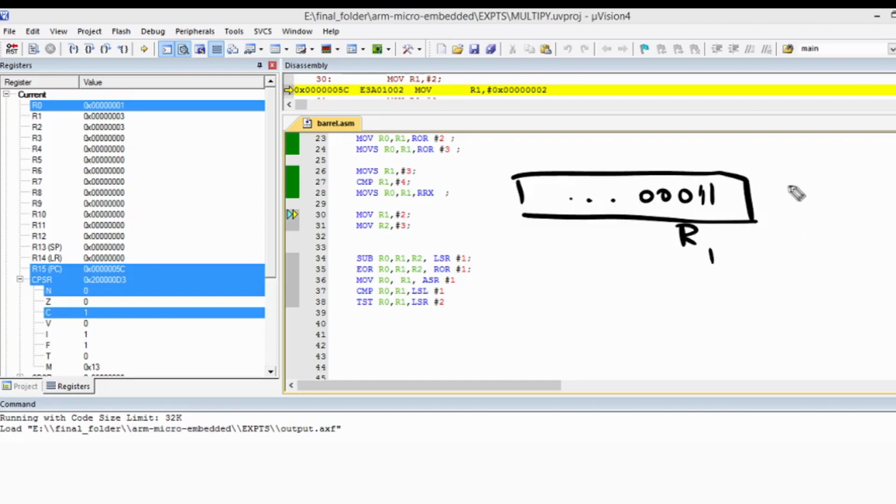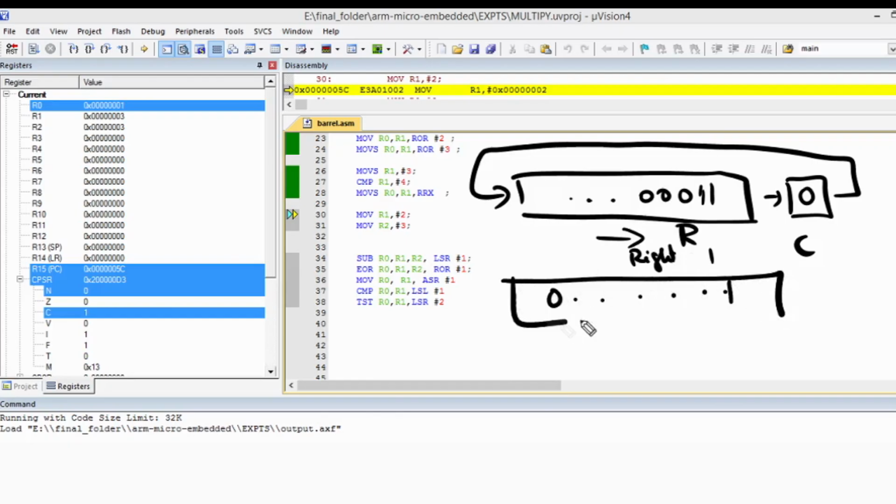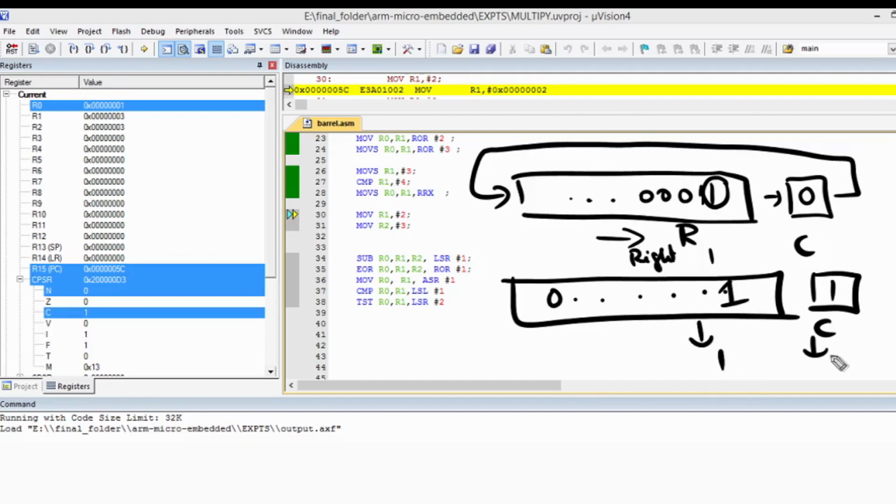Our carry was set as 0, and this rotation will cause 0 to come into the MSB. This entire thing will shift to the right side. This will be 1, and the LSB shifted into carry, so carry is set as 1. So the answer in R0 will be 1 and carry will also be 1.